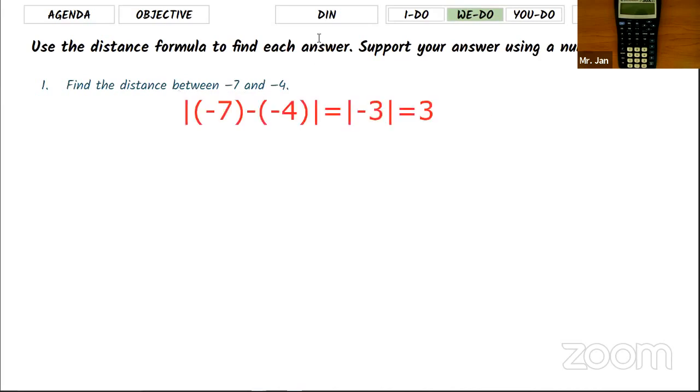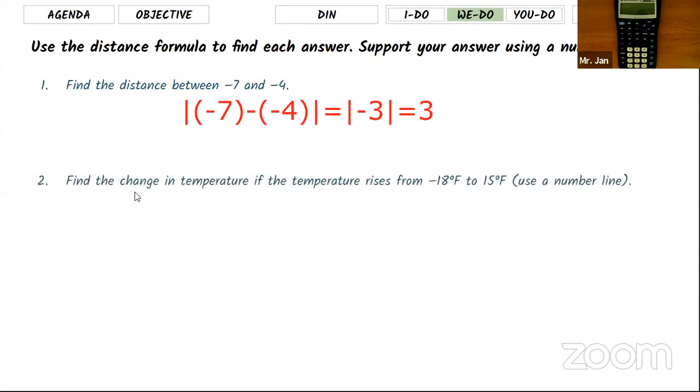And second one, find the change in temperature if the temperature rises from -18 to 15 Fahrenheit. What do you think the temperature change is between these two numbers, starting at -18 till +15?